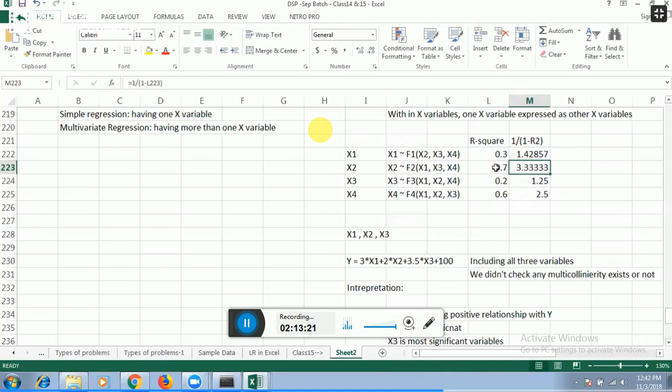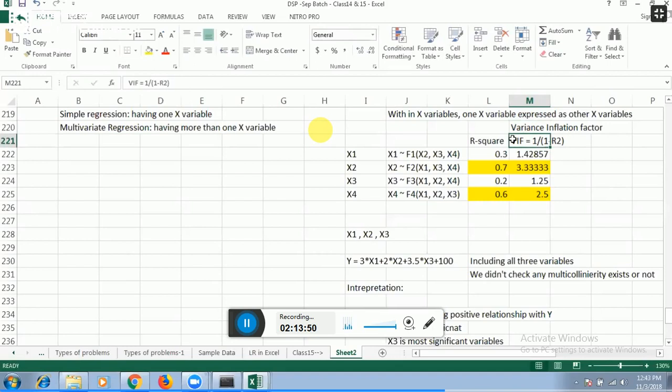You can see that these values are high. This is what we call the VIF, the variance inflation factor. So the VIF is high. Can I say that my model has multicollinearity?